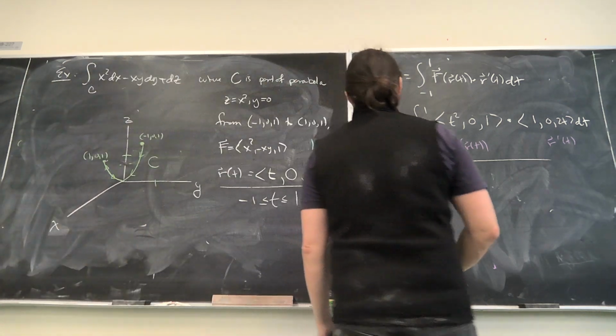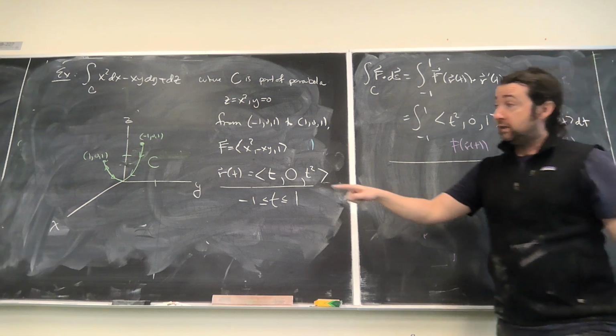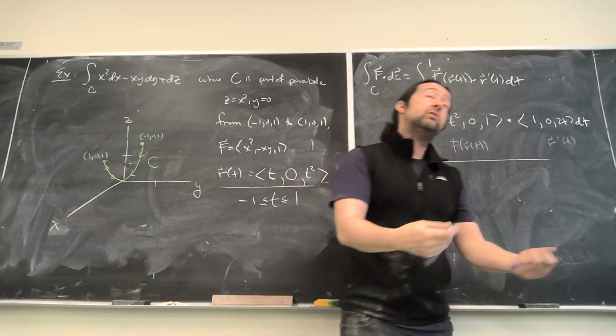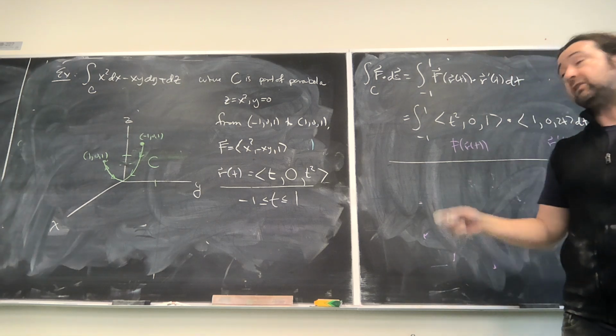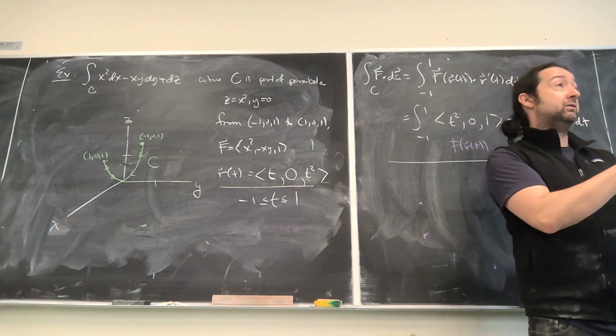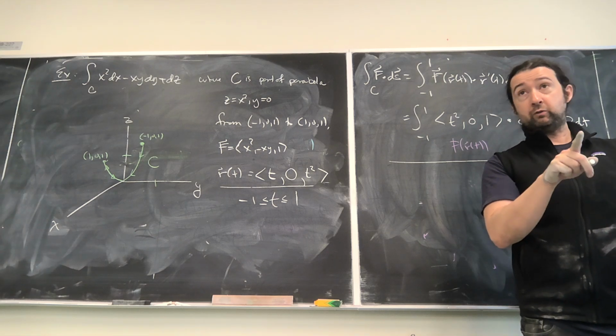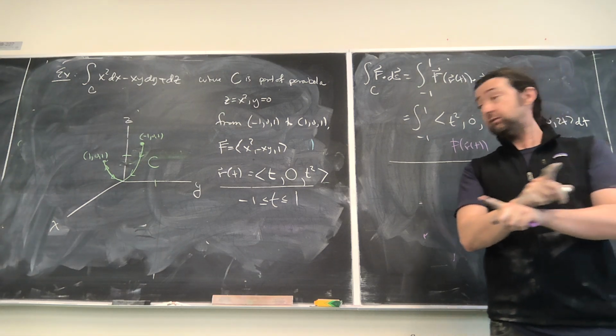So the theorem here, my concern is, if I had picked a different way of traversing this curve, does the answer turn out to be the same? And the answer is yes, as long as I did it in the same direction. If I had done it in the opposite direction, the answer would have been the negative of my original answer.